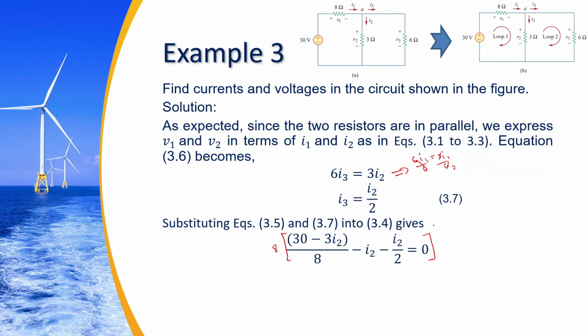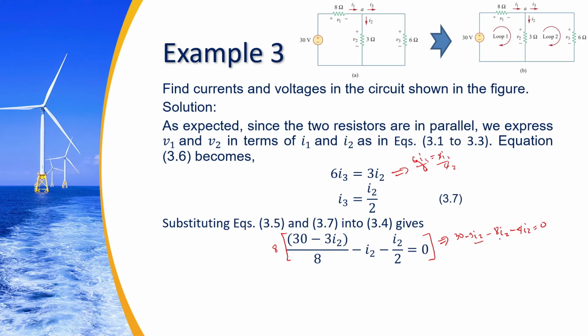So, mangyari, magiging 30 minus 3I2 minus 8 times I2 is 8I2. Tapos, 8 times ito is magiging minus 4I2 is equal to 0.